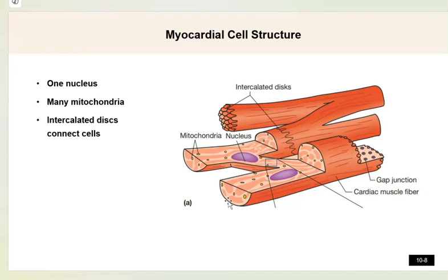They are connected by specialized portions of the plasma membrane called the intercalated discs, which we can see here. The cytoplasm has abundant myofilaments consisting of the actin and myosin. And these are arranged in sarcomeres.